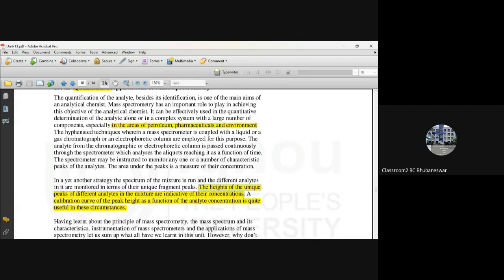Here the word indicative has a great role in spectroscopic analysis, because sometimes the general theory we study for a particular spectroscopy may not be applicable when you do the experiments.